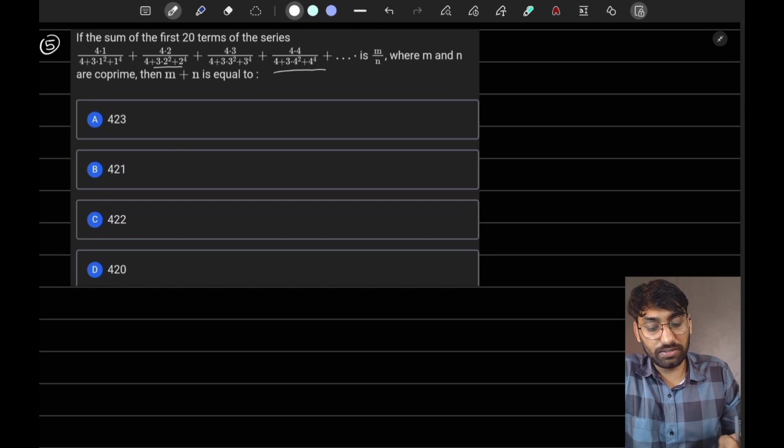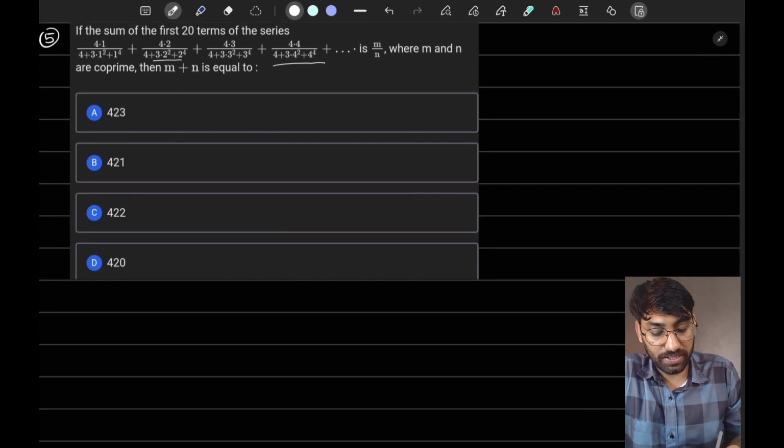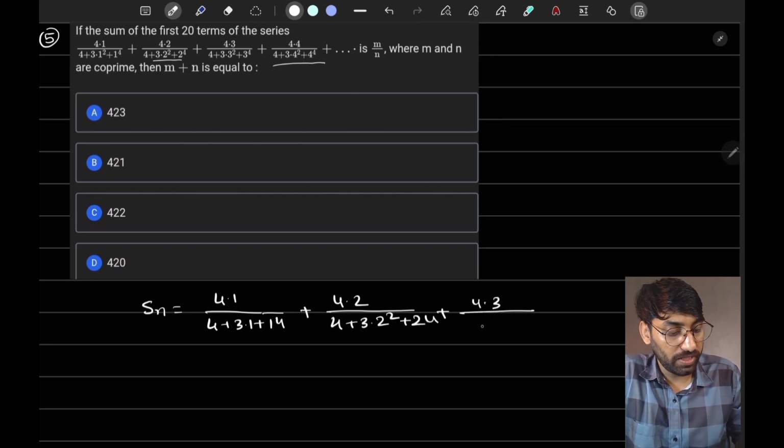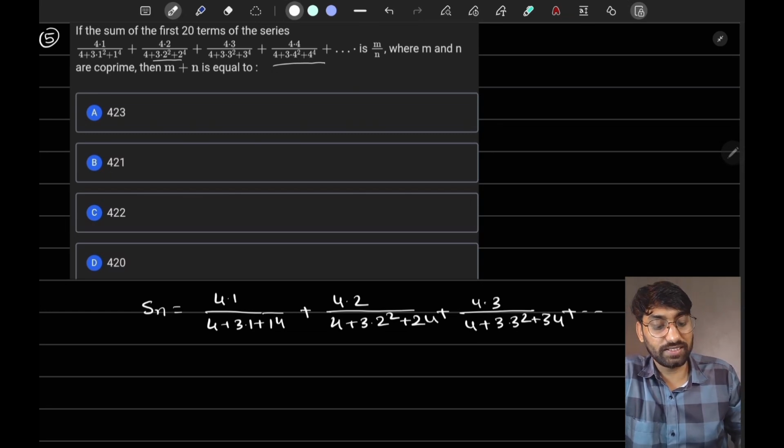So let us assume that Sn is nothing but Sn equal to 4 into 1 by 4 plus 3 into 1 plus 1 power 4, plus 4 into 2 by 4 plus 3 into 2 square plus 2 power 4, plus 4 into 3 by 4 plus 3 into 3 square plus 3 power 4, and so on till n steps, right?